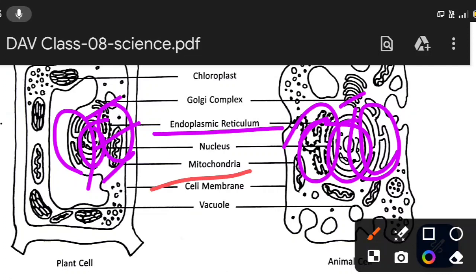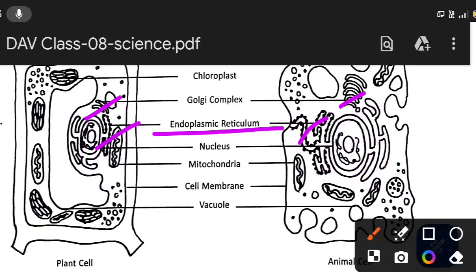Then mitochondria: here mitochondria is present, here also mitochondria is present. Then the cell membrane, here also the cell membrane is present, the inner one.